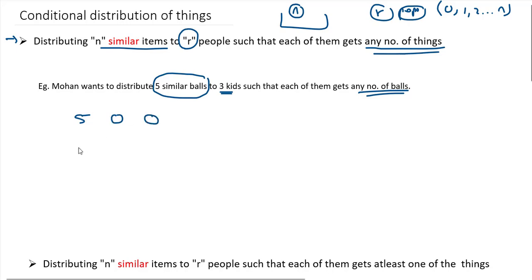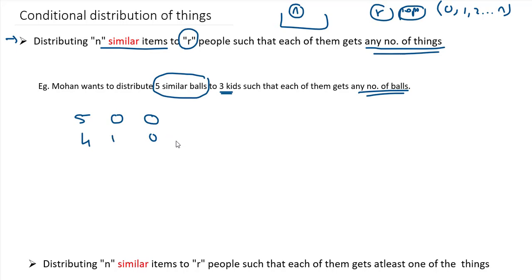Or this 5 can be broken down into 4, 1 and 0. In this case, the first boy is getting 4, the second boy is getting 1, and the third boy is getting 0 balls. We can interchange these positions also. The first boy can get 1 ball, the second boy can get 4 balls, and the third boy can get 0 balls.